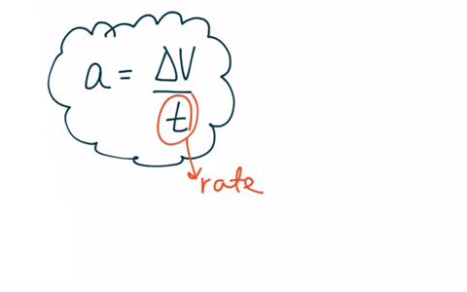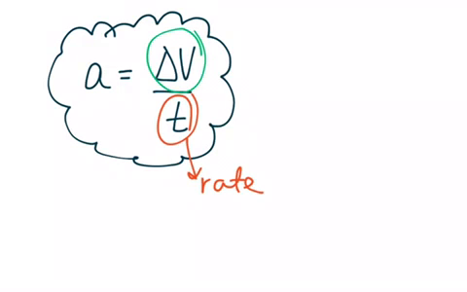Anytime you use the word rate, you're saying a quantity is divided by time. So for instance, speed is the rate at which distance is covered. Distance rate gives you average speed, right? Well, if we talk about the rate of change of velocity, rate means we're going to divide by time.